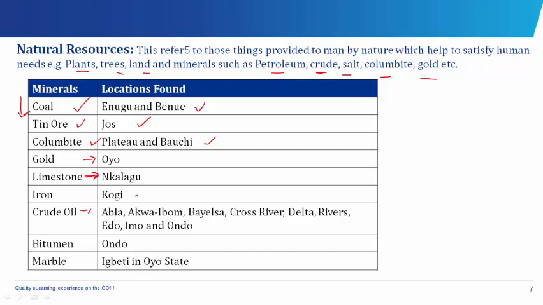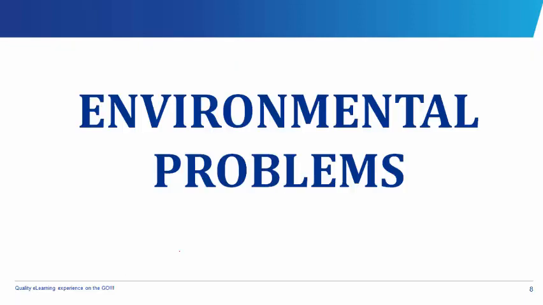Crude oil, that's where we have production of PMS, fuel, kerosene, diesel, and other materials such as materials for lubrication. We have it in Abia State, Akwa Ibom, Bayelsa, Cross River, Delta, Rivers, Edo, Imo State, and Ondo. Then bitumen is also found in Ondo State, and marble in Ibeti in Oyo State.